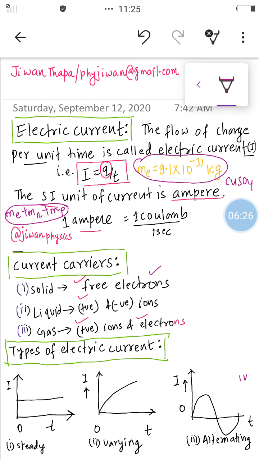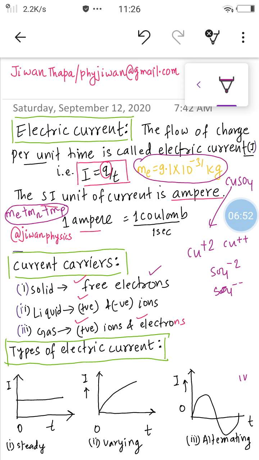The electrolytic solution provides positive ions. So when we take copper sulfate solution, now it dissociates, giving rise to Cu plus 2 ion, that is positive ion, and SO4 minus 2 ion, or we can simply write SO4 minus minus or Cu plus plus ions. Clear?